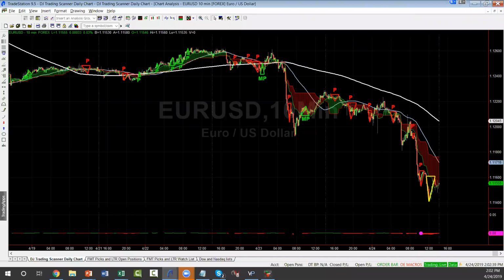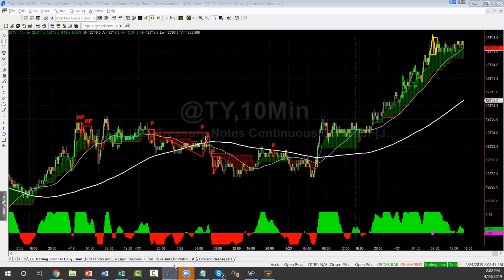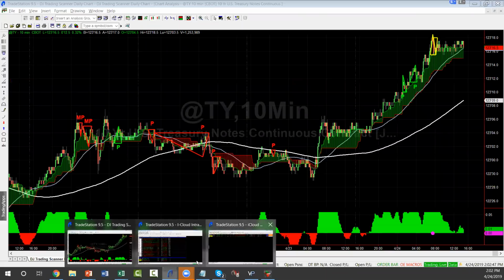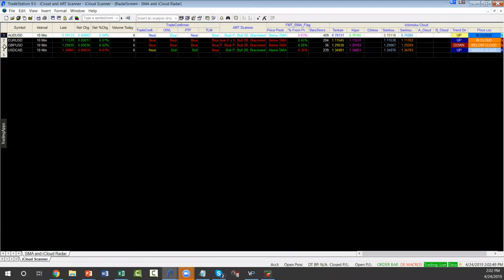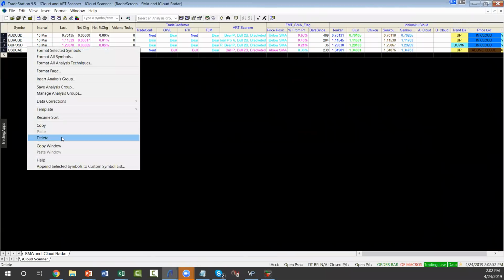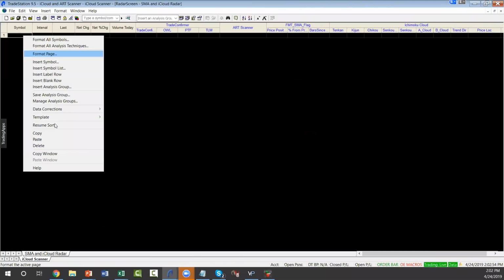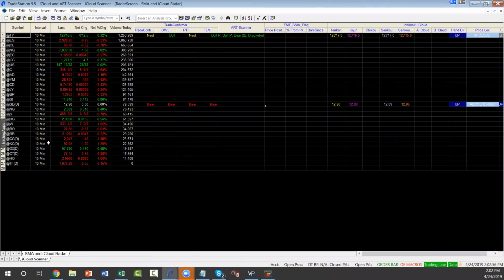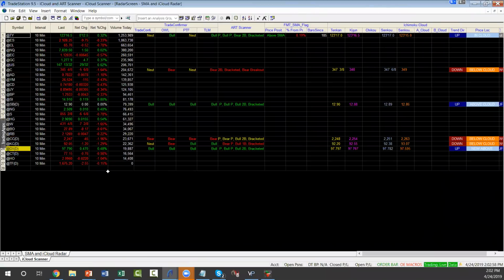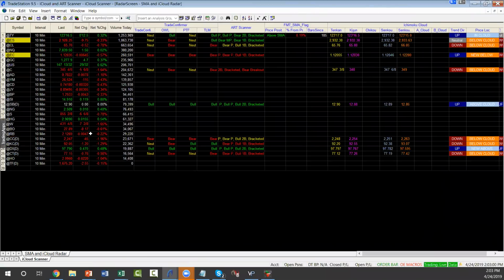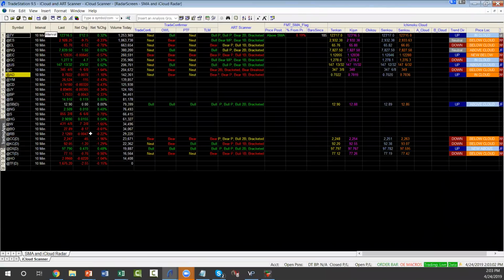So what about futures? Let me grab a list of futures symbols. And same thing, we're just going to put them into the scanner. I got it still set on a 10-minute interval.